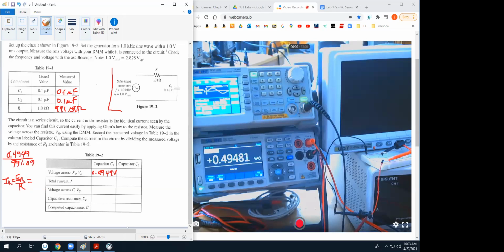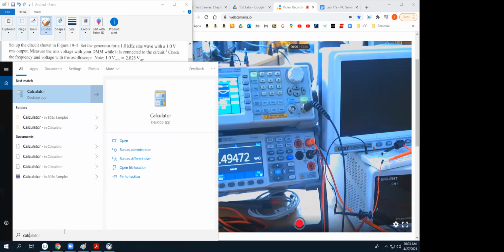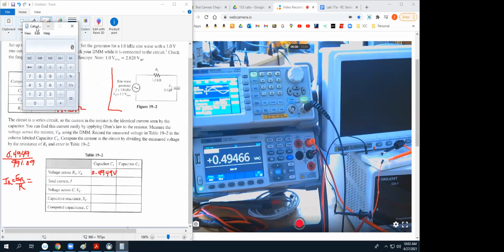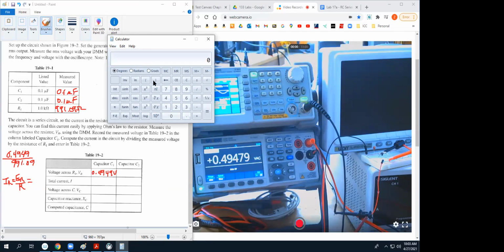Yours aren't going to be the same, but you understand where I'm getting at, right? So about 0.49 milliamps.